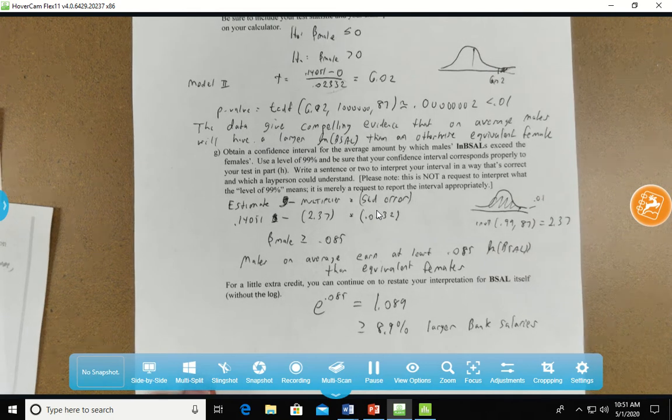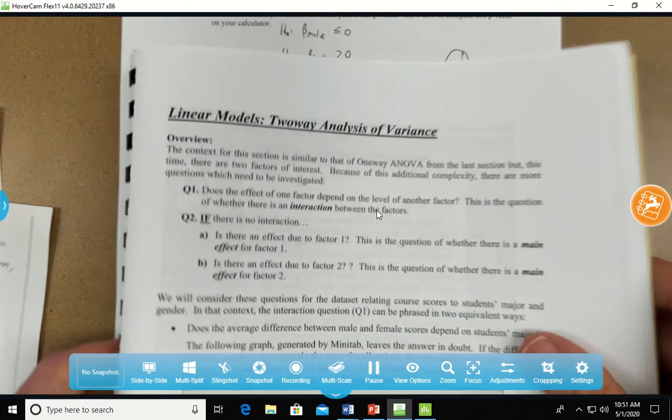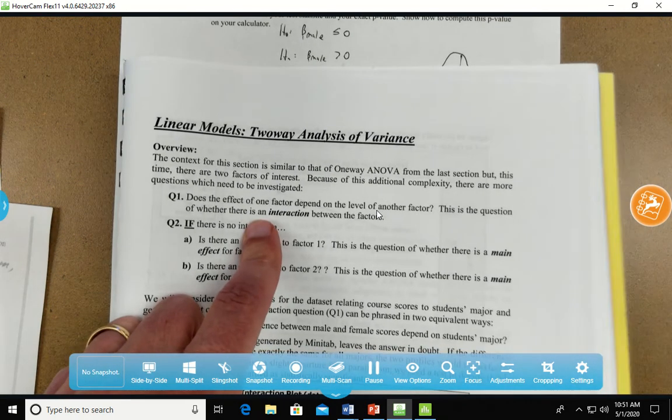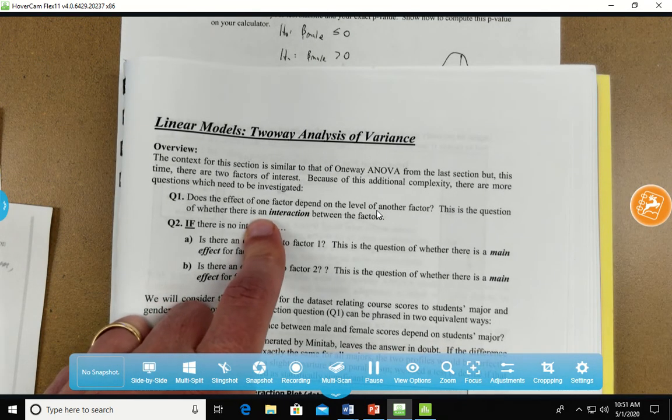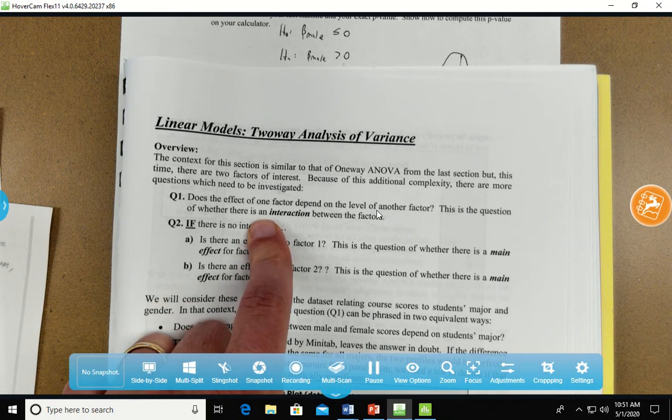Okay. All right. So these are some example problems of what you may have to do, which is go through the process of this two-way ANOVA. And so remember the big structure that you have is, first of all, the overall F-test says, does any of these predictors have any value?